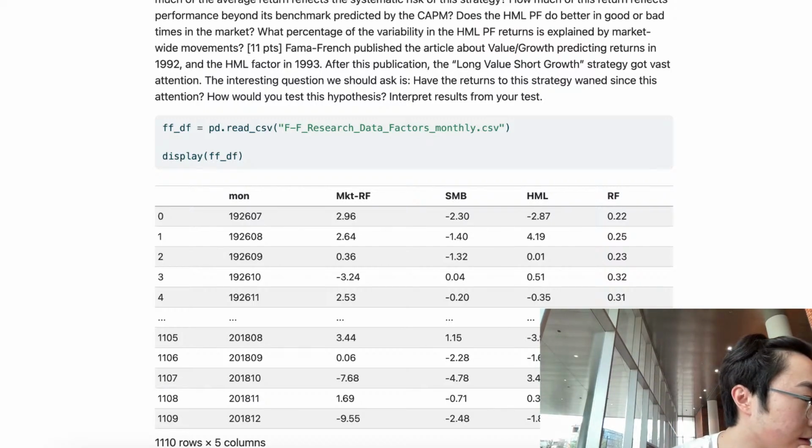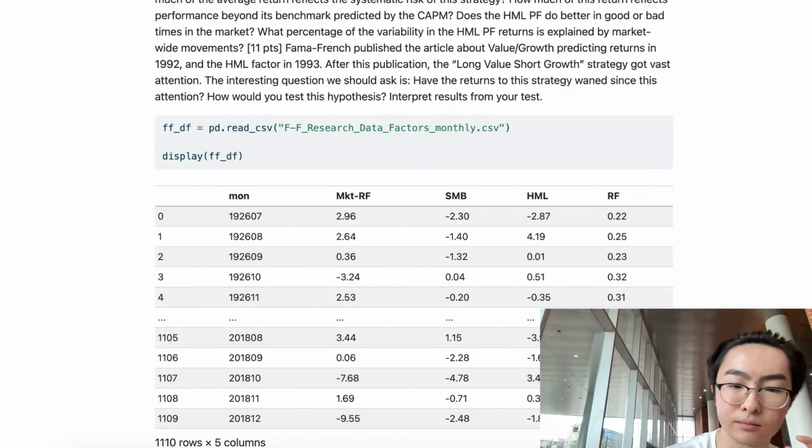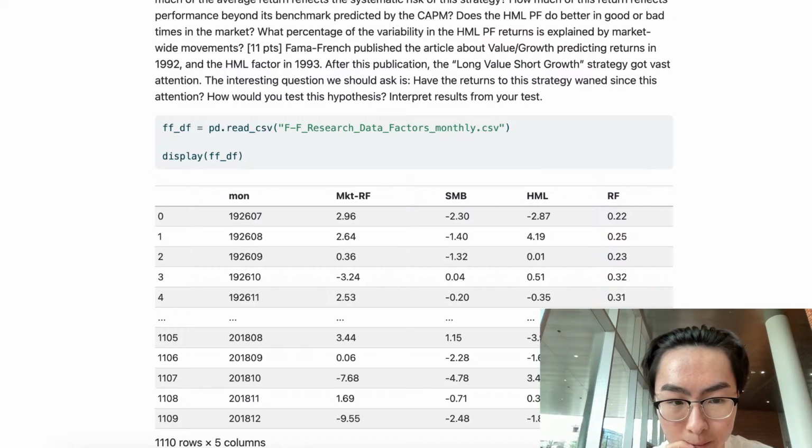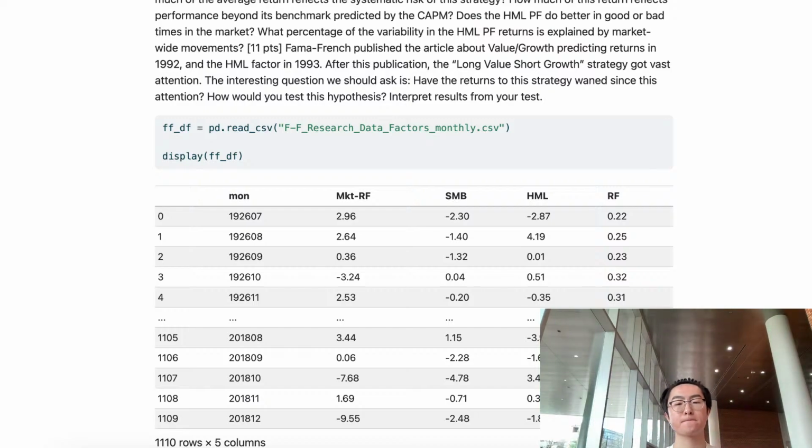I think I actually have some code for that in the earlier section of this project, so I might just be able to copy and paste that. Okay, so I think then, let's see.